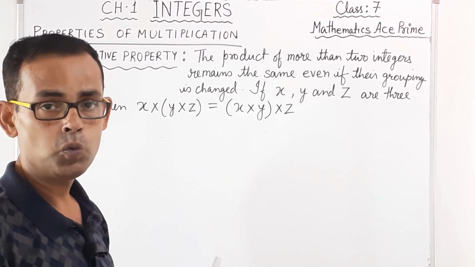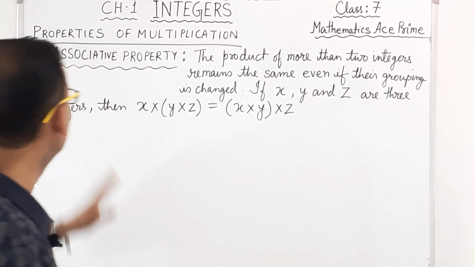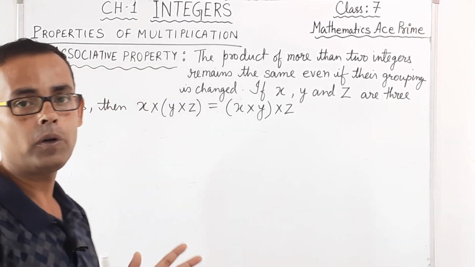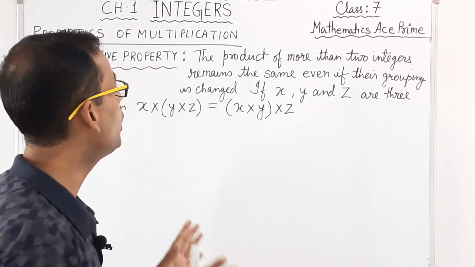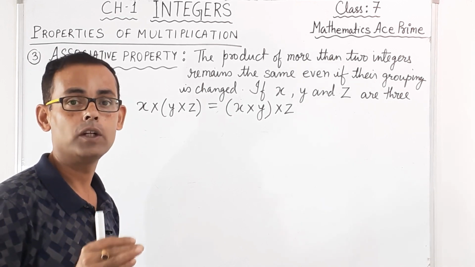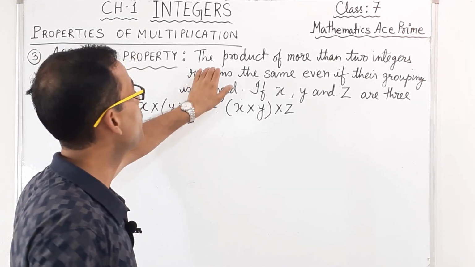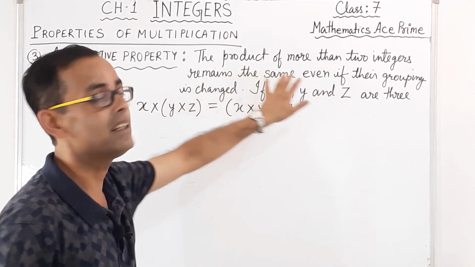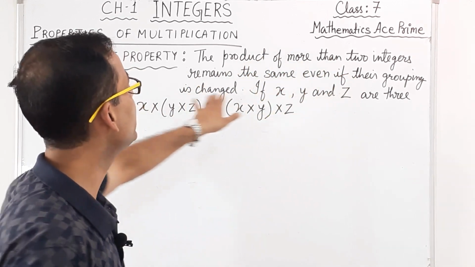Clear? Now we are going to understand the third property, the associative property. When we talk about the associative property, it will be not 2 but more than 2 integers. The product of more than 2 integers remains the same if their grouping is changed.